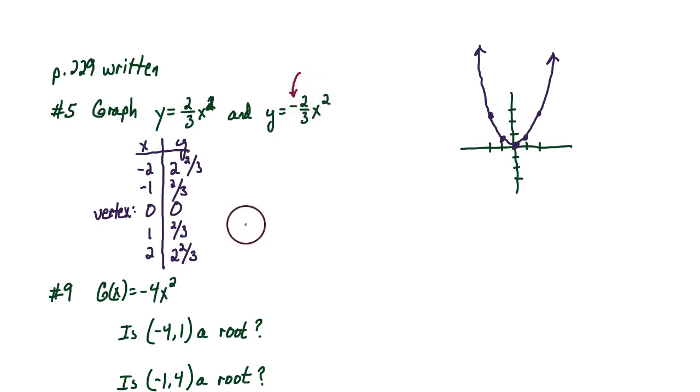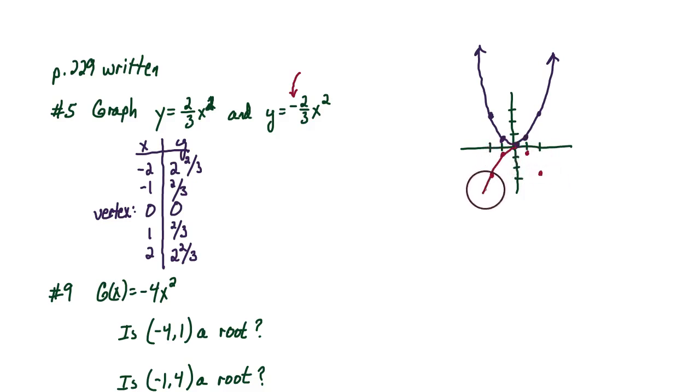Think about what that would have done to our y values when we made our table. They would have made these y values negative. So the other parabola will still have a dot at 0, 0, but one of its points would be negative 1, negative 2/3, and positive 1, negative 2/3. And another point would be at negative 2, negative 2 2/3, and positive 2, negative 2 2/3.